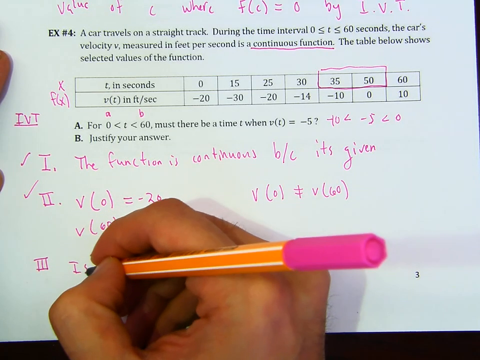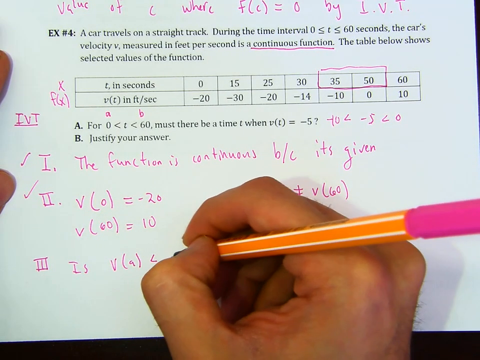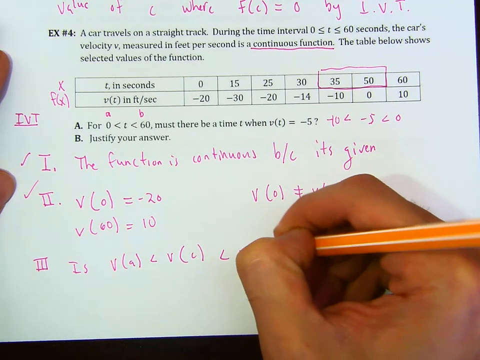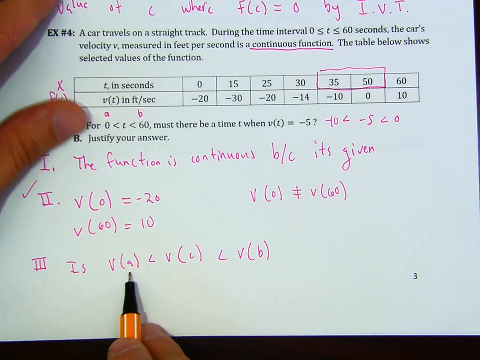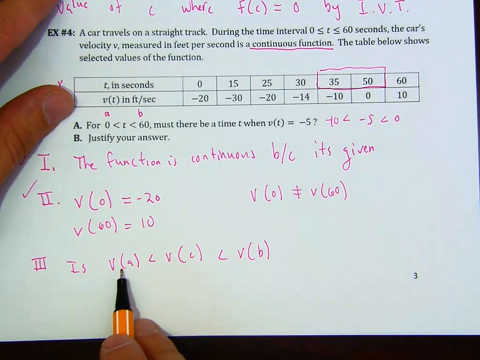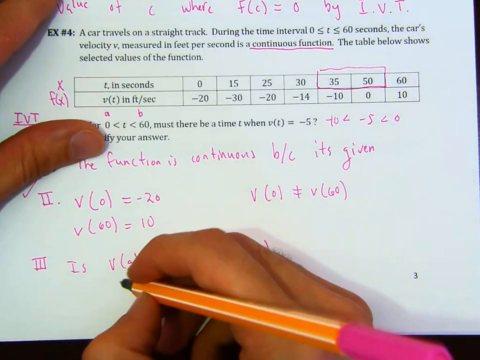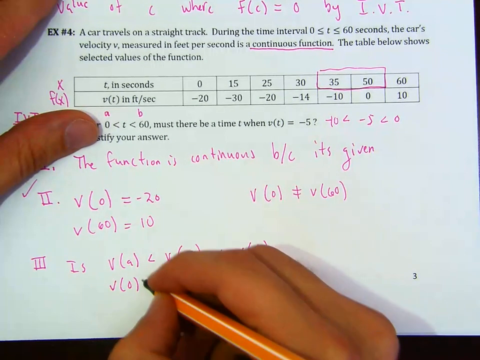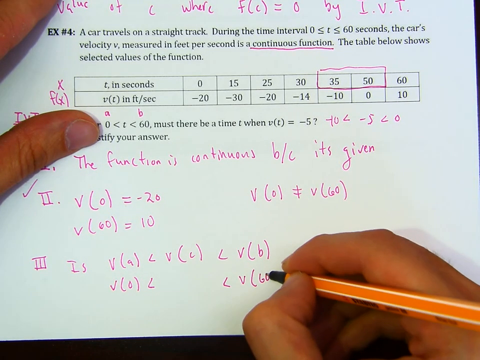Is v of A less than v of C, which is less than v of B? Okay, here, this has to be true, because what is this equal to? V of A is v of 0, right? It's the first part. This is v of 60, right?